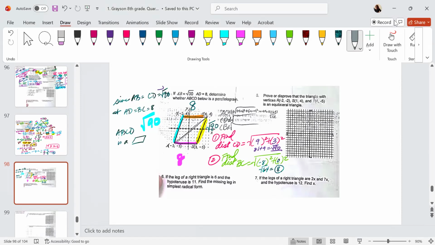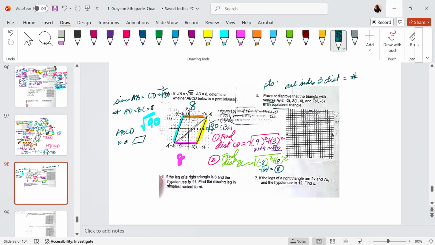We have to prove that the triangle with vertices, which are the points, RST is an equilateral triangle. Equilateral, what does that mean? All sides are equal. So you're going to find all 3 distances have to be the same number, correct? Did you graph it?